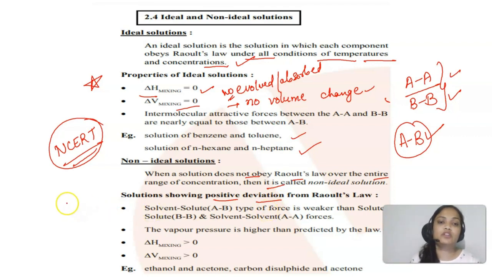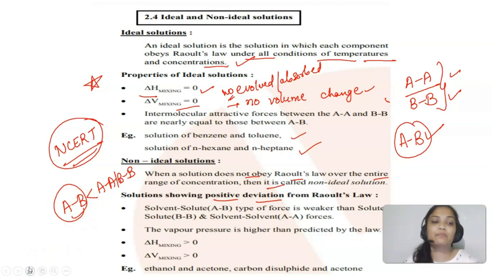When the solvent-solute interactions, meaning AB interactions, are weaker than AA or BB interactions. If AB interactions are weaker than AA and BB interactions, the molecules can easily escape into the vapor phase, meaning the escaping tendency would be more.